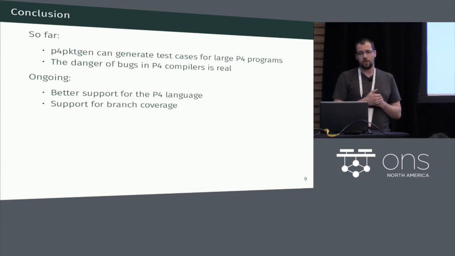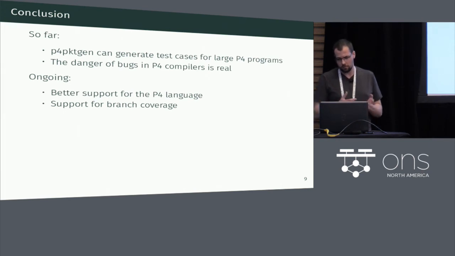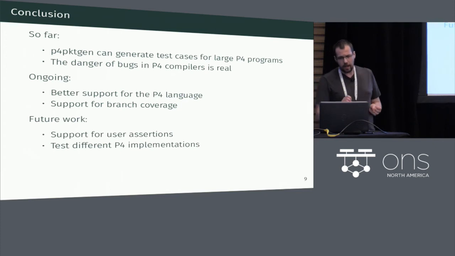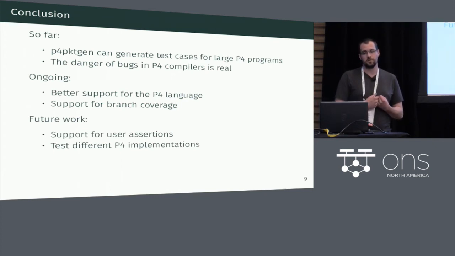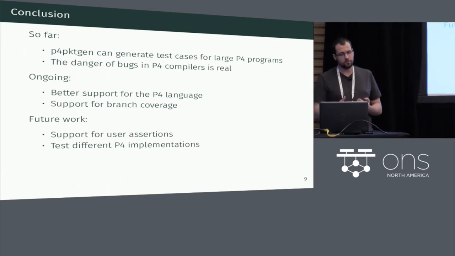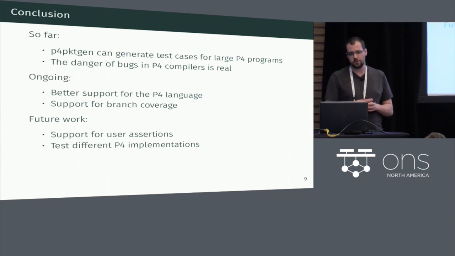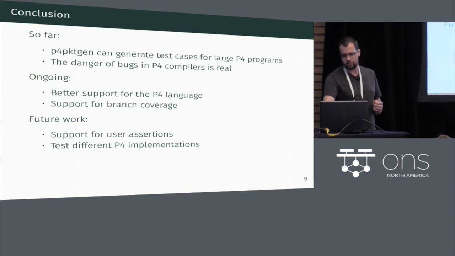We are also working on supporting branch coverage instead of path coverage, and we have a prototype implementation of that, which would better scale to larger programs. And in the future, we would also like to add support for user assertions and test real P4 implementations.